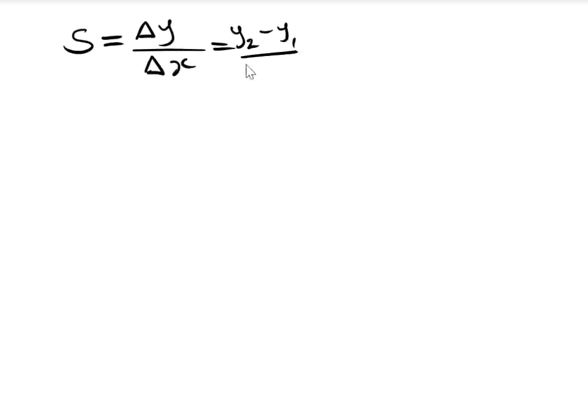The first application we shall consider is gradient or slope. The slope of a curve is given by the change in y divided by the change in x, and this is equal to y2 minus y1 divided by x2 minus x1.